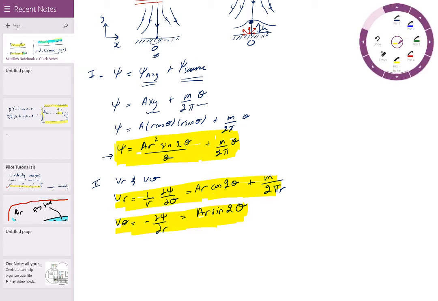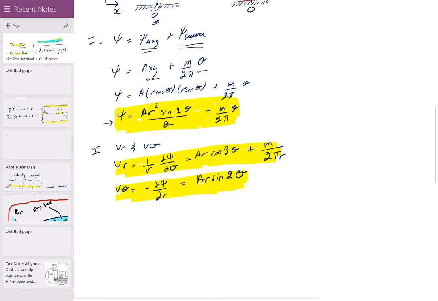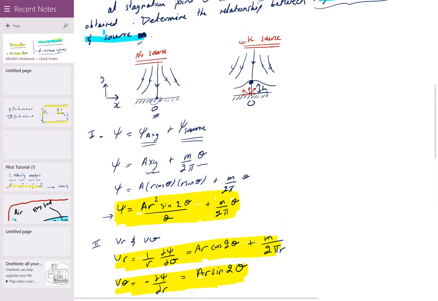Now I have to find the new stagnation point on my graph. If you picked your Cartesian coordinates and you have x and you have y, in this form your point is going to be located at x equals 0, and your height, your y, is going to be h.